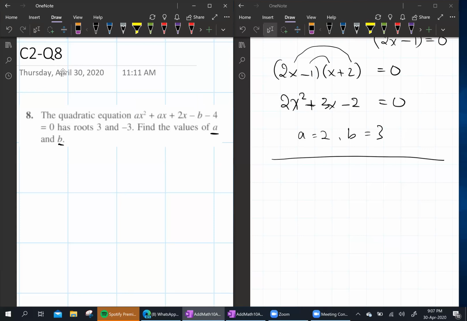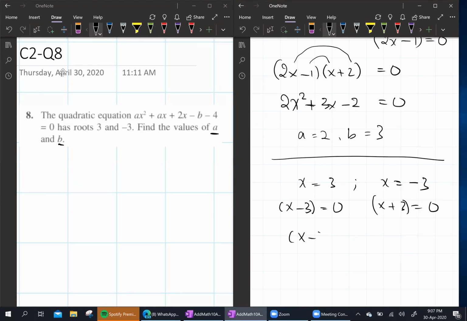How to find it? Okay. So if you have roots of 3 and -3, that means x equals to 3 and x equals to -3. So here is x minus 3 equals to 0, x plus 3 equals to 0. So x minus 3, x plus 3 equals to 0.